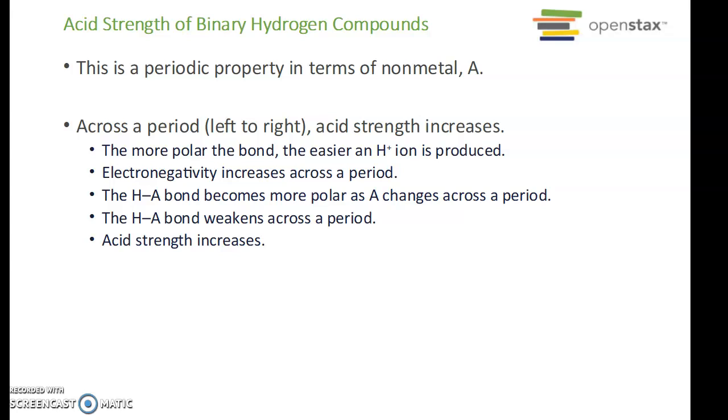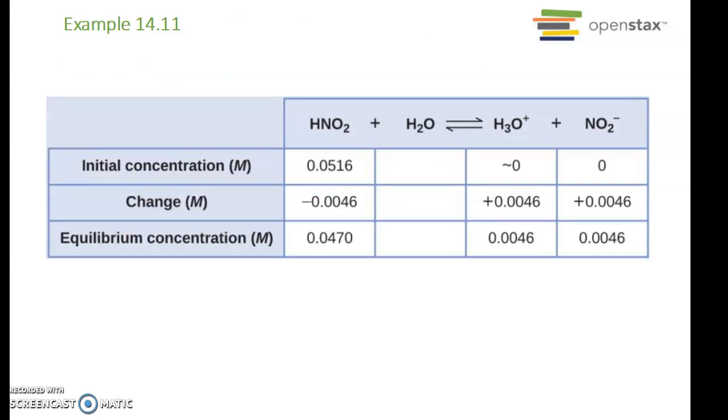So the HA bond becomes more polar as A changes across the period, and the HA bond weakens across the period. That means the acid strength increases. Anything that decreases the strength of that bond will increase the strength of the acid.